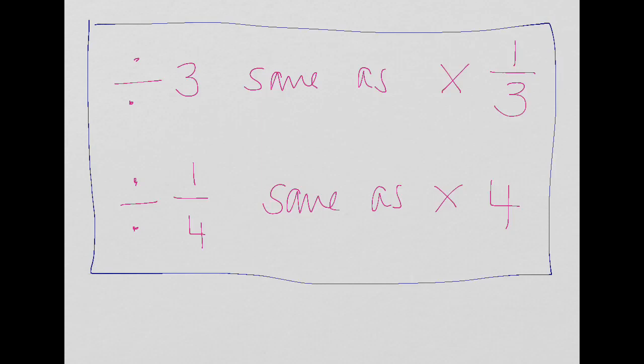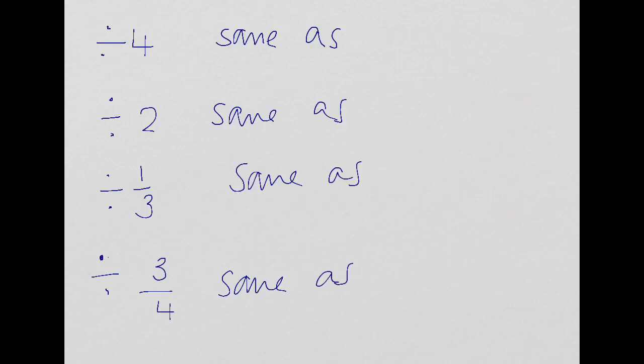So now, here's some questions for us to do. So, dividing by 4, I want you to think in your head, what do you think I'm going to write down? Yep, that's right, hopefully. 1/4. It's the same as multiplying by 1/4. So dividing by 2, what's that the same as?